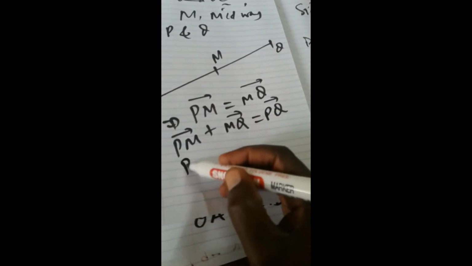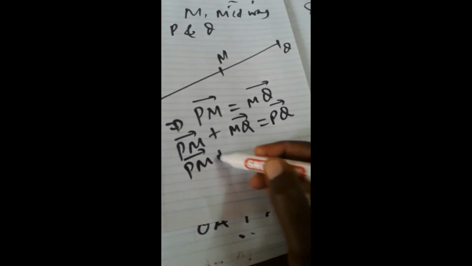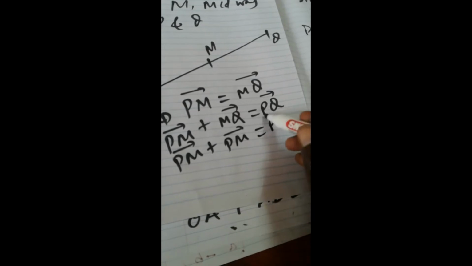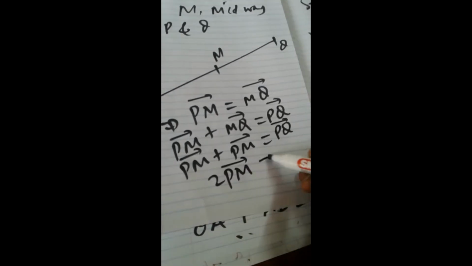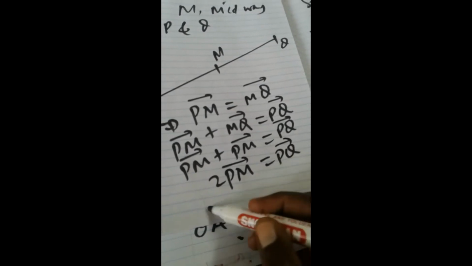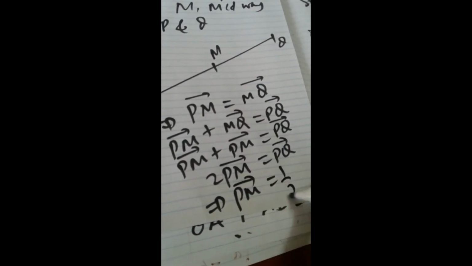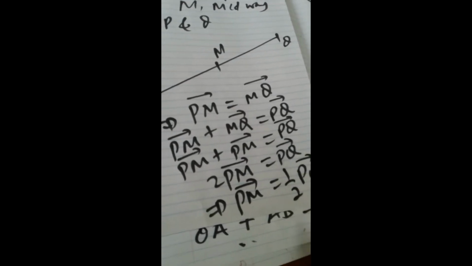Since PM and MQ are equal, we can have PM plus PM, since PM and MQ are the same, giving us PQ. Therefore, twice PM should be equal to PQ, meaning that PM is equal to a half of PQ.